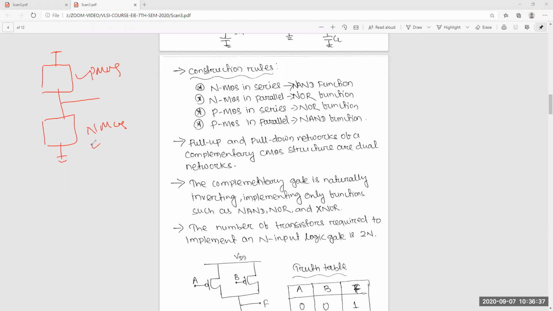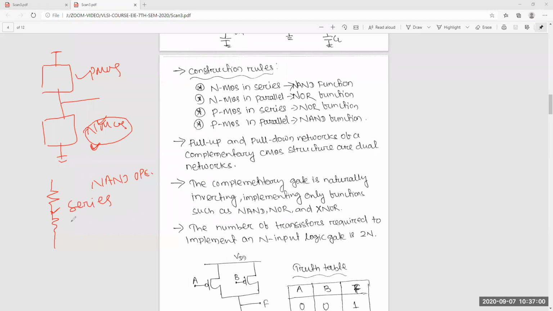Second, when you design a circuit, in the pull down network the NMOSes are there. For any NAND operation, you have to put all the pull down devices in series.